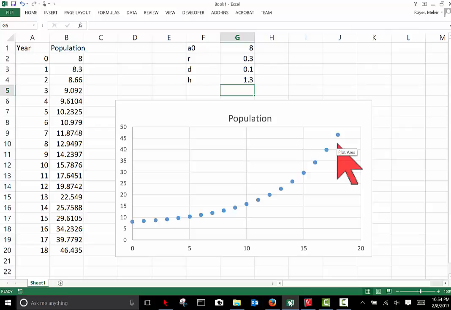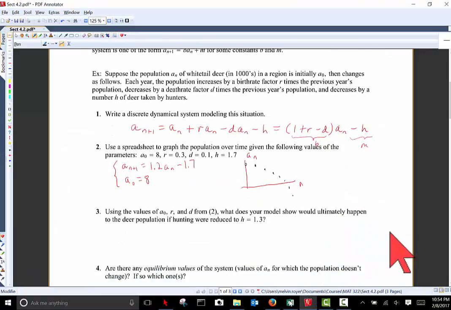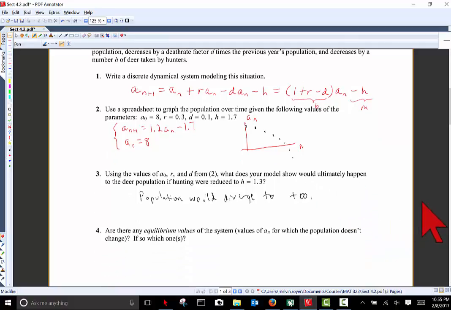It looks like there's no stopping this, and in fact there isn't. So here, the population would diverge to plus infinity. Species grows without bound.